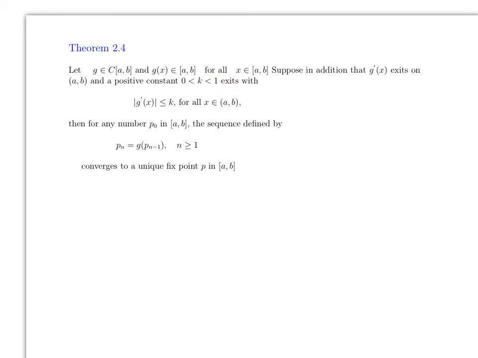So now the next part says, then for any number that is between a and b, the sequence defined by this, which is the fixed point iteration, converges to a unique fixed point in a to b.